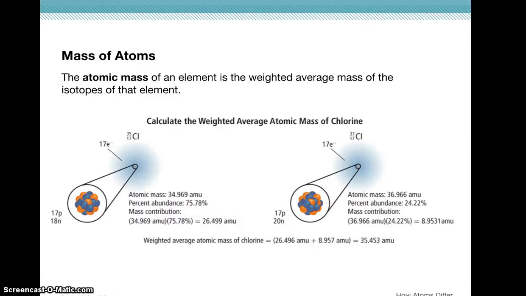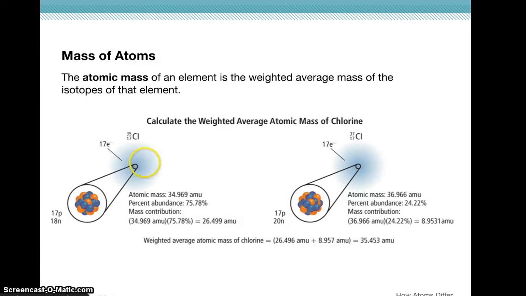So, for example, when you look at chlorine on the periodic table, the mass is 35.453 AMU. Okay, so what that tells us is that because it's not close to 35 and it's not close to 36, there's more than one isotope. So that number on the periodic table is a weighted average of all the isotopes found in nature.